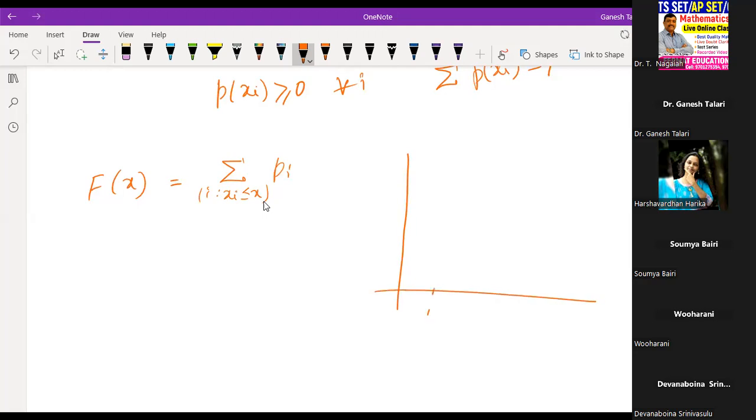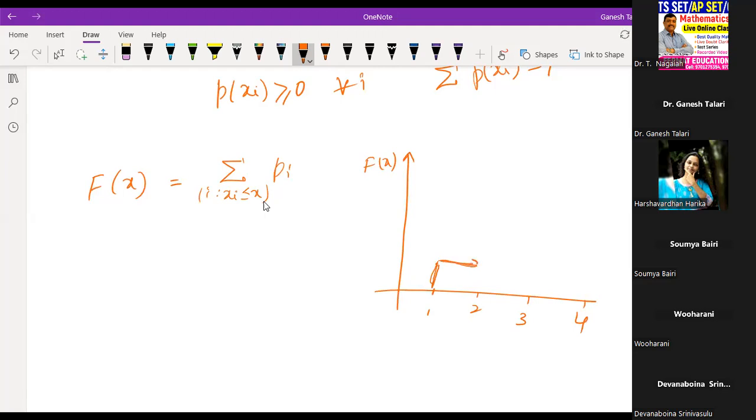From this, 1, 2, 3, 4, you have 4 random variables, and this is your distribution function of x. So every random variable has one probability, and up to the second one you reach, the same probability will hold.